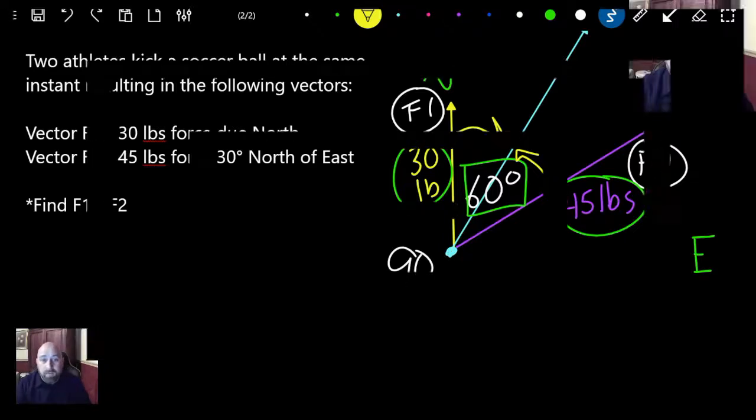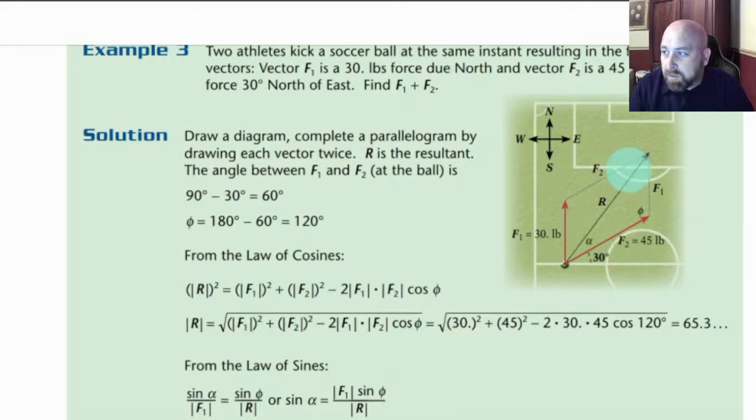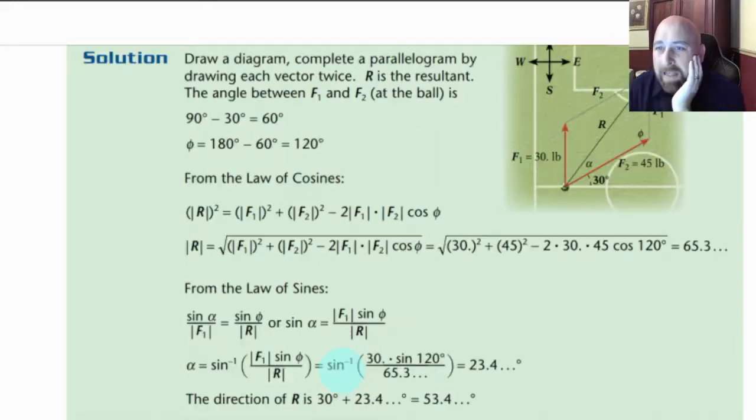Okay, so go back over here to your book and let's take a look at this. This is the resultant right here in the middle. I think one thing that I wish they would have done is somewhere write a chart over here, right? Like F1 equals, R equals, F2 equals, something like that.